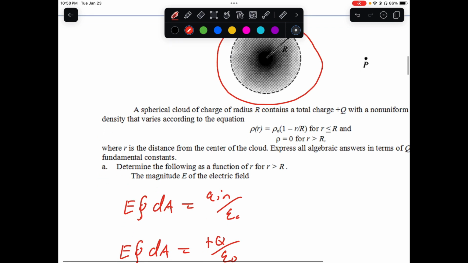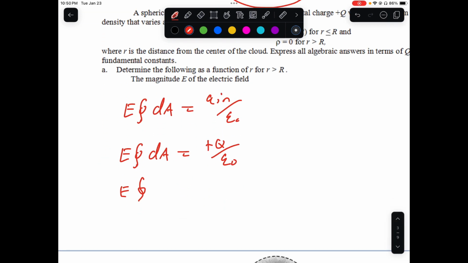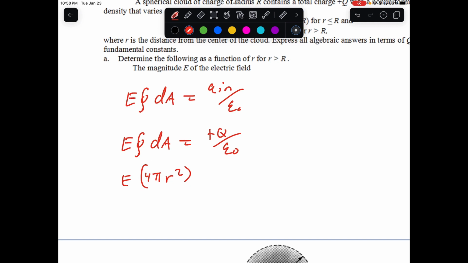I'm not going to bother to draw this because we've seen it before. The closed surface integral of the area function, 4 pi r squared, is equal to plus Q over epsilon naught.